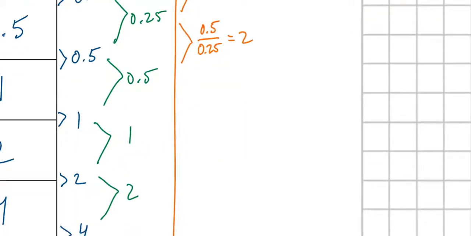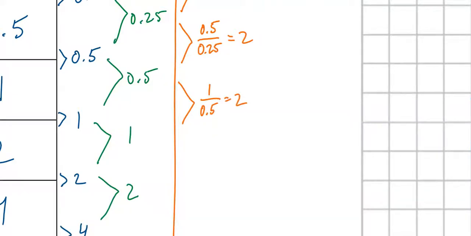Again, I'm going to do this on my calculator. 0.25 divided by 0.125, and I get 2. 0.5 divided by 0.25, and that gives me 2. Two divided by 1, well, that's obviously 2. And that's the last one.